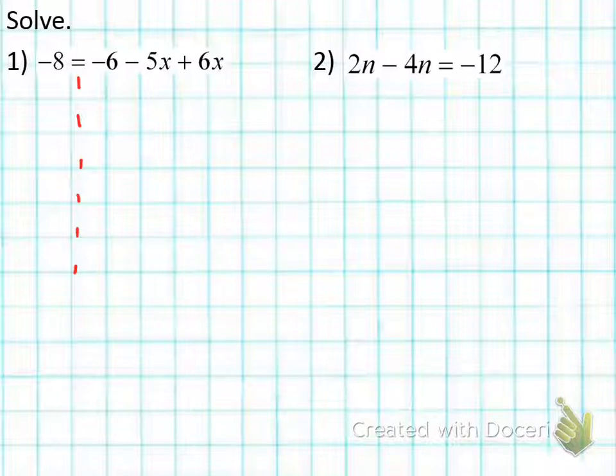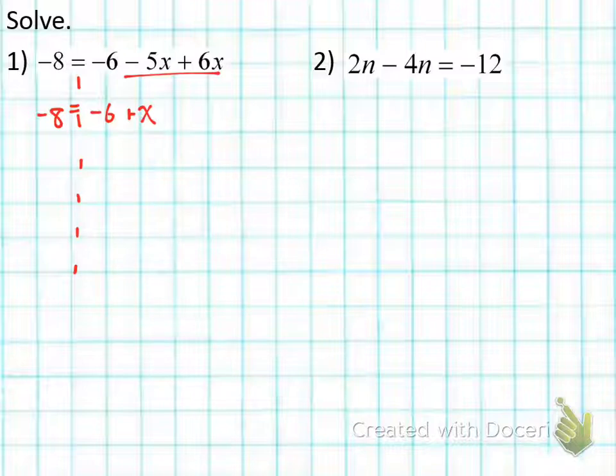The letter is x, and we have negative 5x's here and a total of 6x's here. We have constants on this side, and constants on this side, both sides of the equation. So we want to combine like terms. First I combine the x's. Negative 5x plus 6x is positive 1x, or just x. Bring down the rest, negative 6 and negative 8, equal sign in the middle.